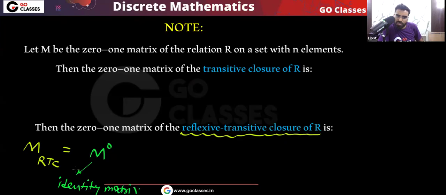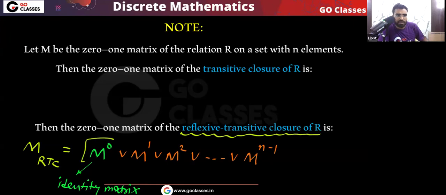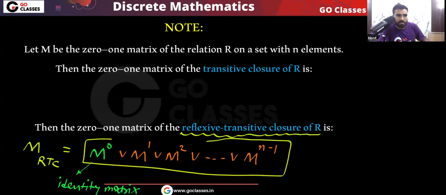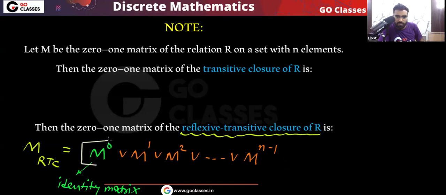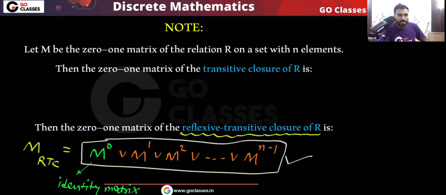Now because I want transitive, m power 1, m power 2, up to m power n minus 1. That is enough. I don't have to go till m power n. This is more than enough. This is the matrix representation of reflexive transitive closure.